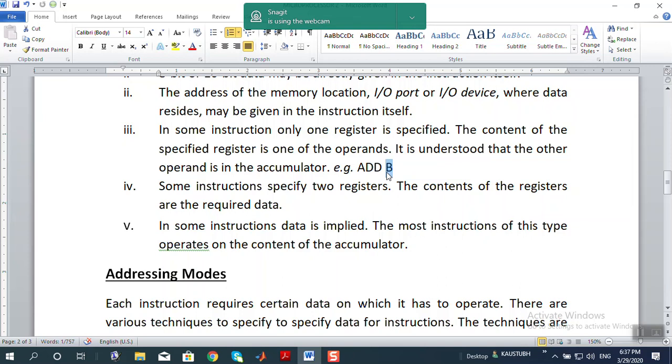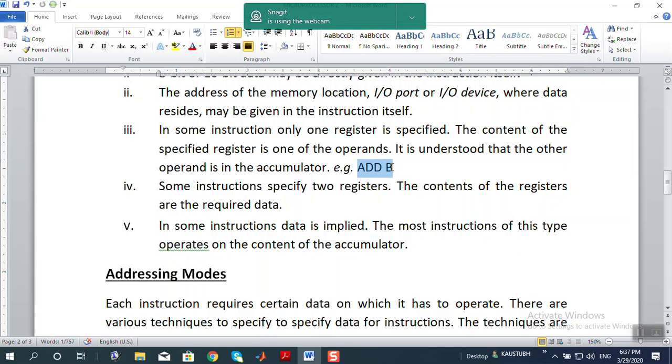So where is the other data? The other data has to be there in the accumulator, as I have mentioned in the previous class, that before executing any operation, one of the operands has to be there in the accumulator. So the microprocessor already understands that another data is there in the accumulator, so directly it will add the data residing inside register B with the data already in your accumulator, and the result will be placed into the accumulator.